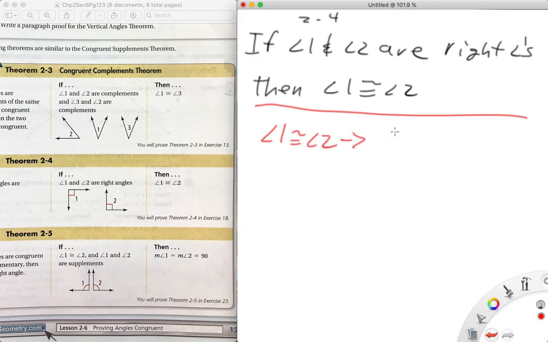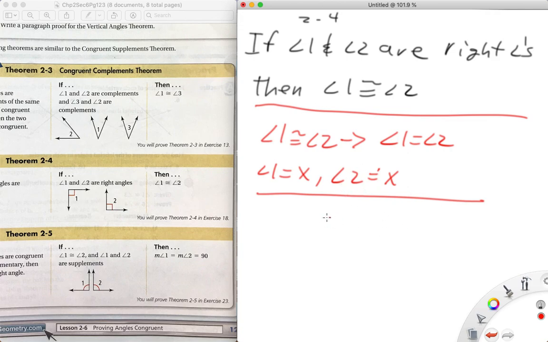If they're congruent, then they're equal. Let's also say that angle 1 is equal to x. If angle 1 is equal to x, then angle 2 is equal to x.